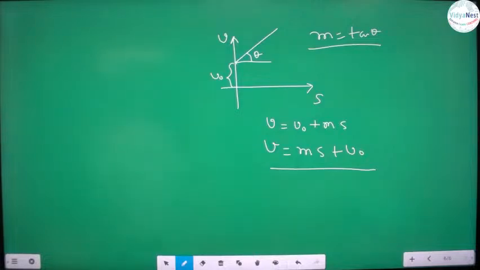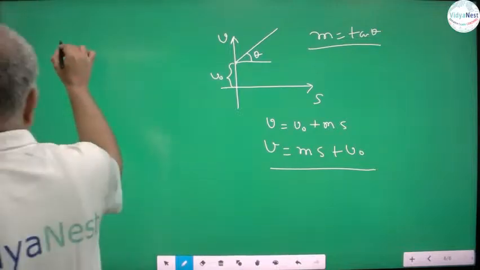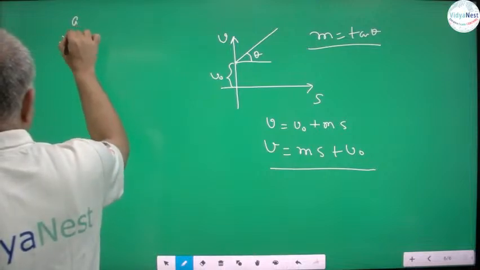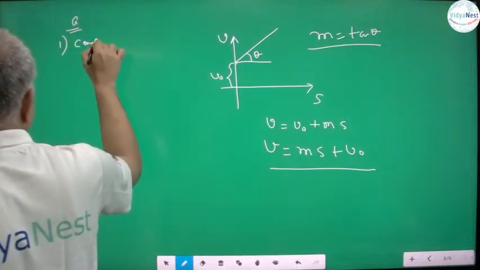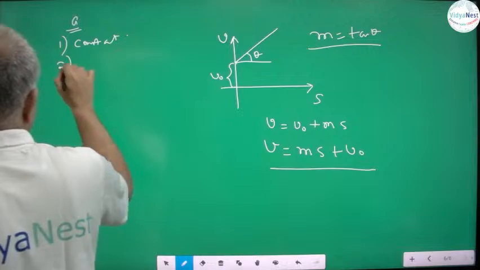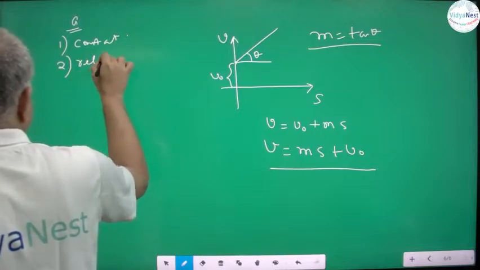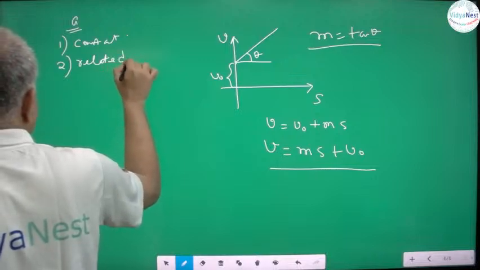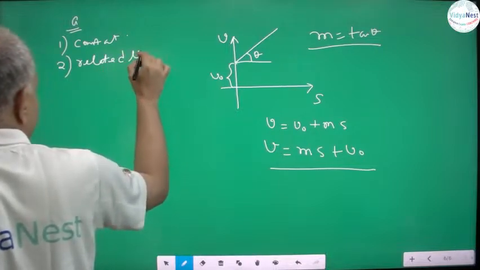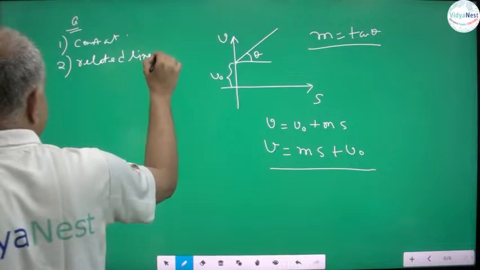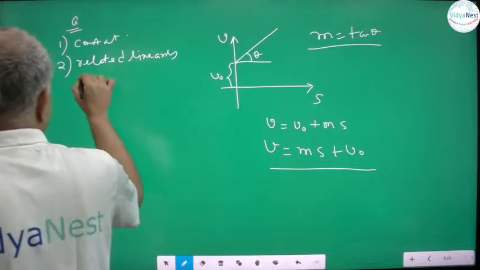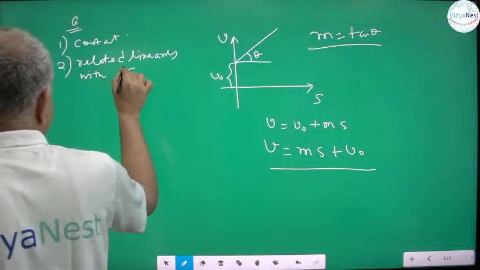Now the question is telling, it is an MCQ pattern question. Option 1, acceleration of the particle is constant. Second option, acceleration is related linearly with displacement.